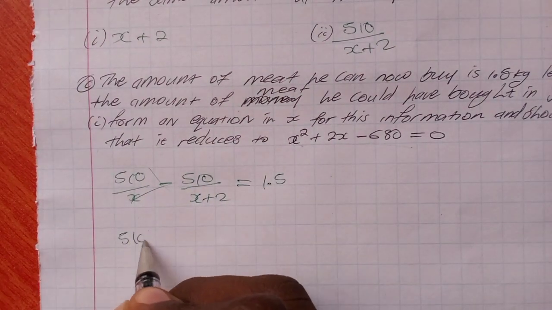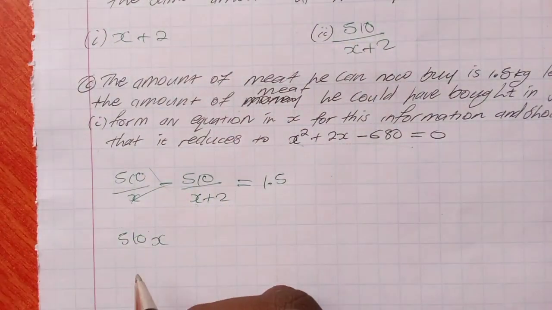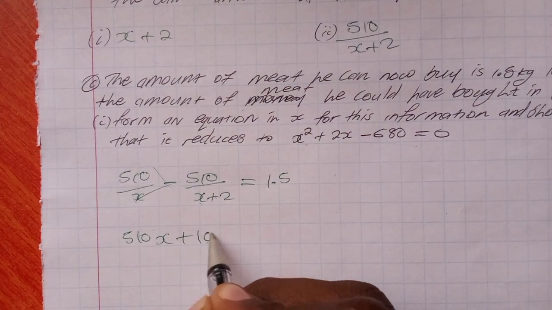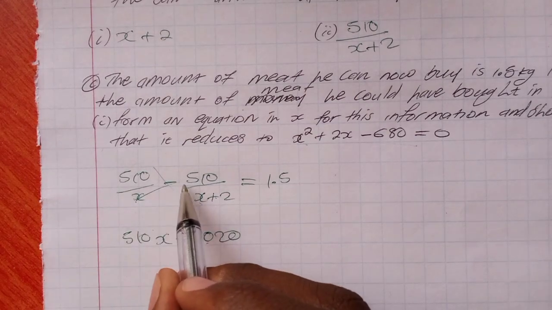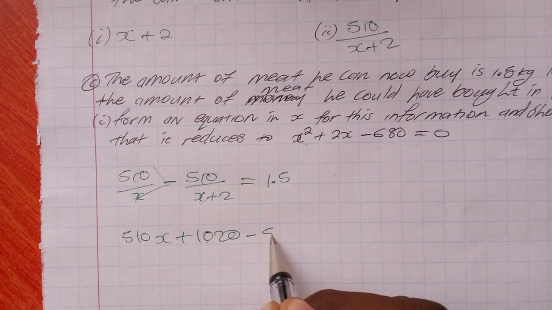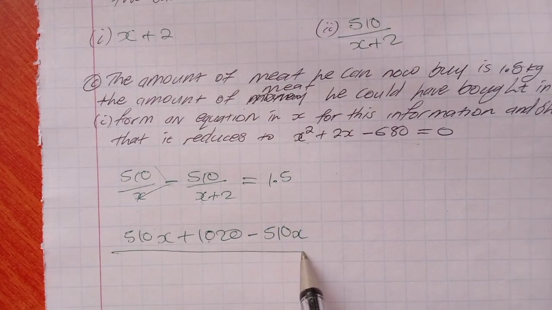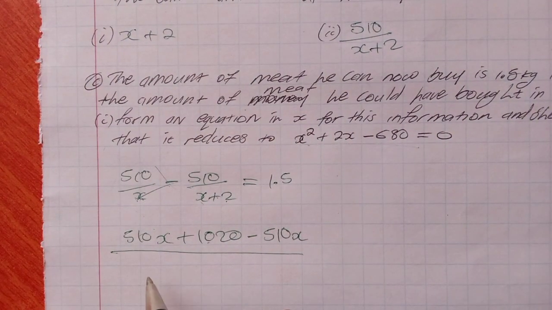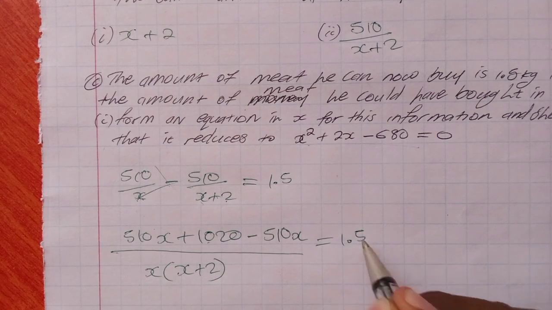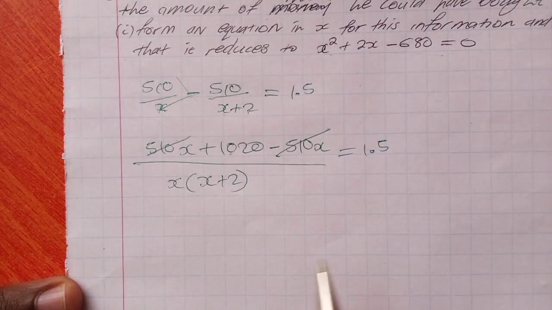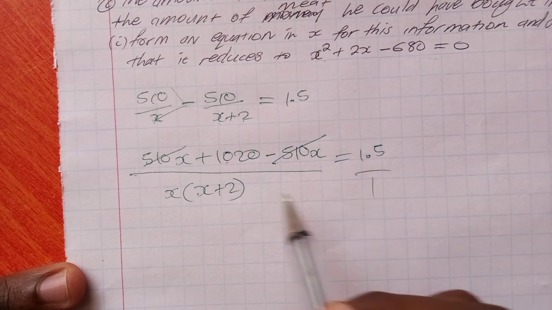That's 510 times x, which is 510x, plus 510 times 2, which is 1020, and then 510 times x, which is negative 510x, over the common denominator, which is the multiplication of these two denominators, x times x plus 2, equals 1.5. And then this cancels this, and you also cross multiply here.